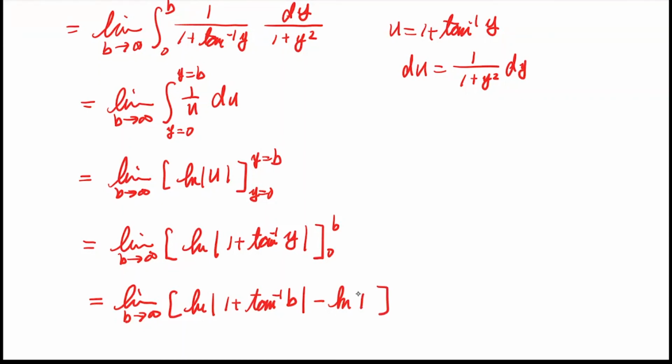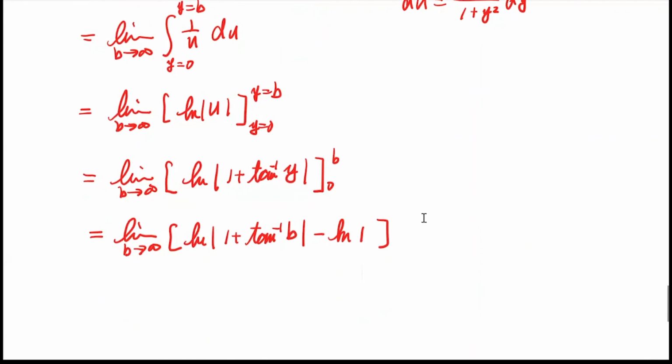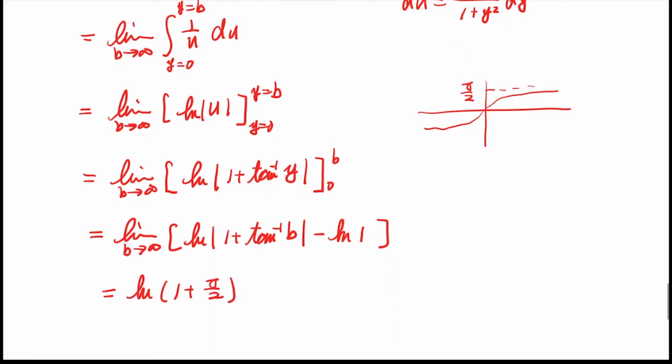Now this thing is 0, so it's nice, but this whole thing, inverse tangent of infinity, what is that thing? What is the horizontal asymptote of inverse tangent? May I remind you, inverse tangent looks like this. And that thing is pi over 2, it's not infinity. You get it? So eventually what we get is ln of 1 plus pi over 2. How about that?